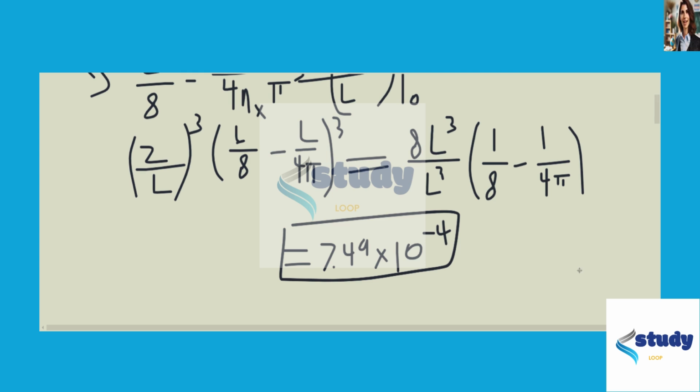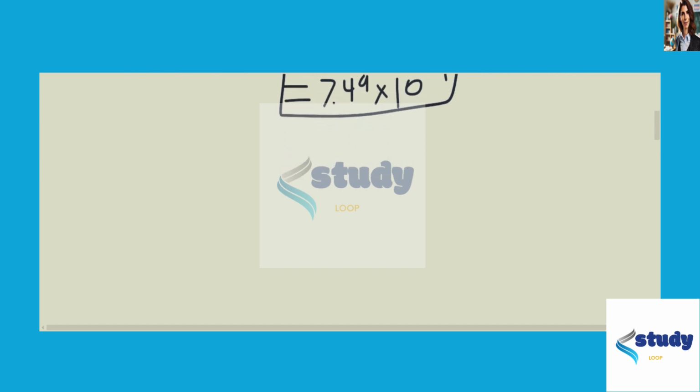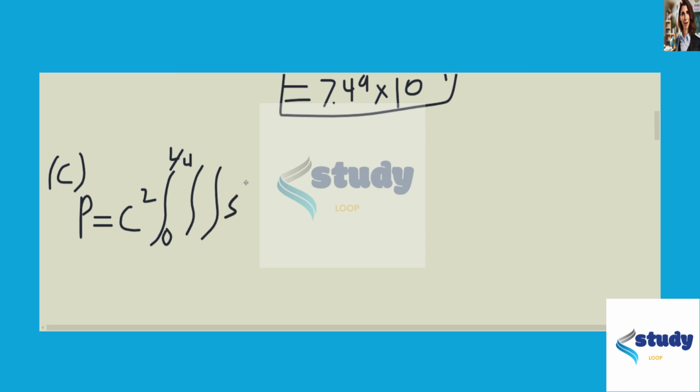Again, we have the probability equal to c squared times the integrals between 0 and L over 4 of sine squared of nx pi x over L, ny pi y over L, and nz pi z over L for every single one.